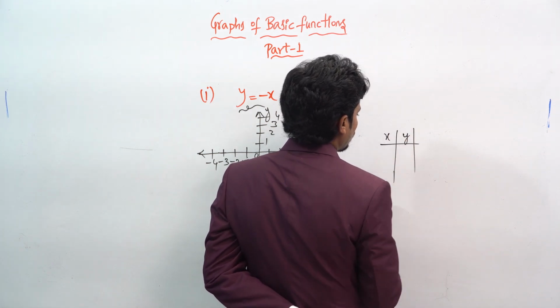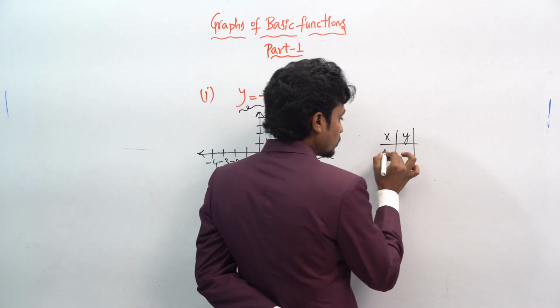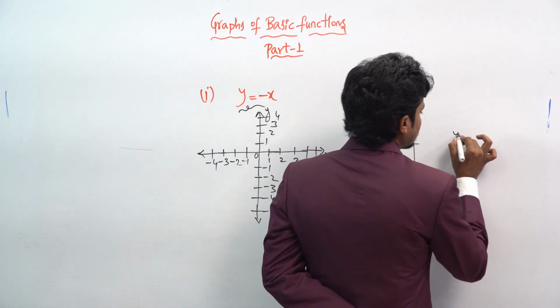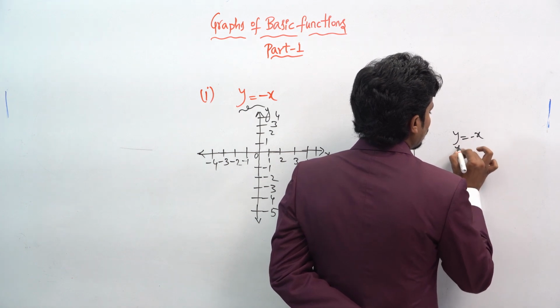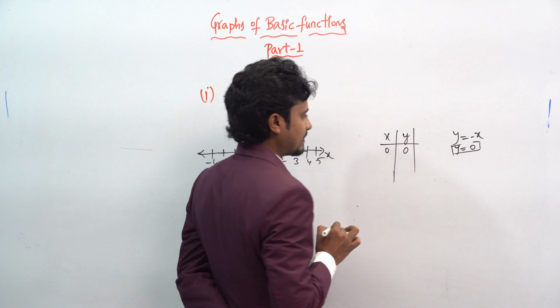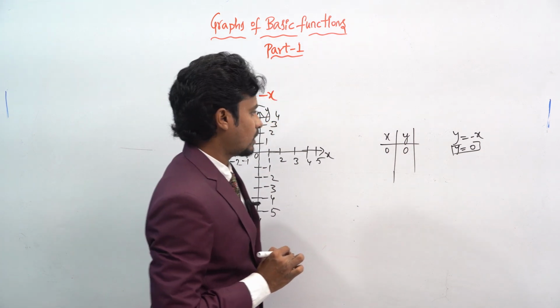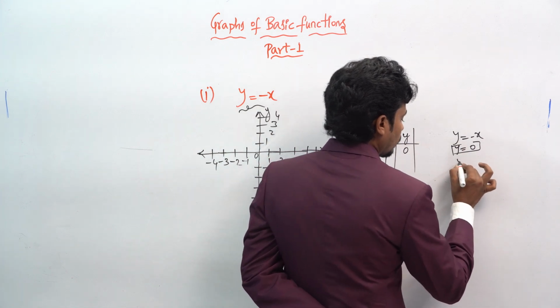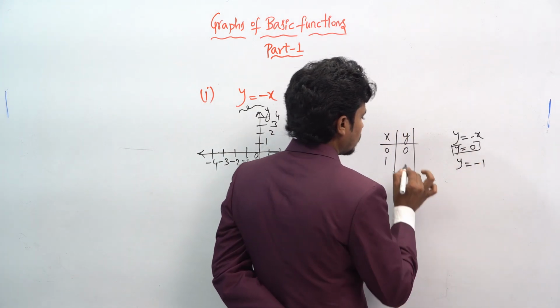So here if you want to put x is equal to 0, what will happen to the y? y is equal to -x. So y is equal to how much? y is equal to 0. And similarly, if you want to put x is equal to 1, y is equal to minus 1.